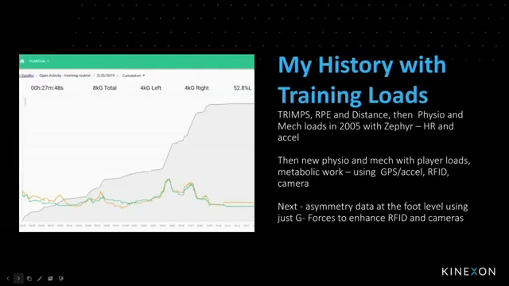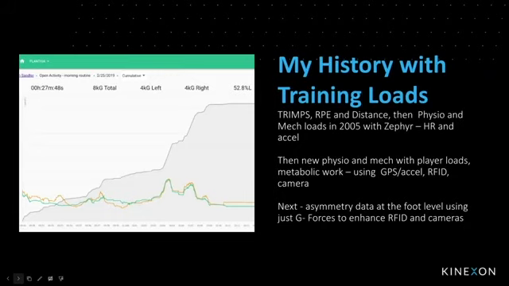Quickly, in my history of load management, I've been doing training loads for a very long time. Back when I was at Athletes Performance, we measured everything, and we started off with just simple TRIMP scores. If you're not familiar with TRIMP score, you can Google it.